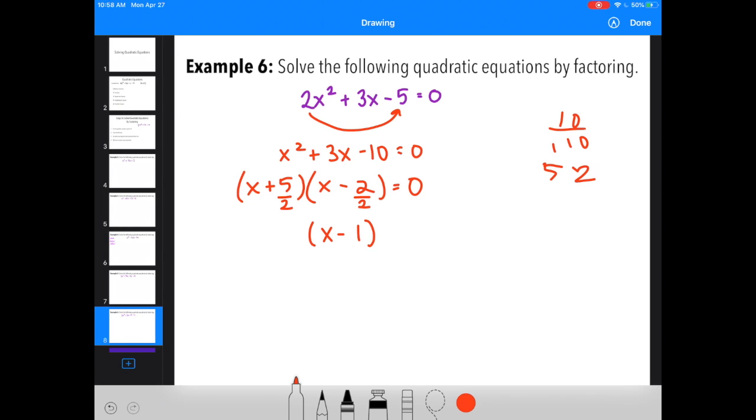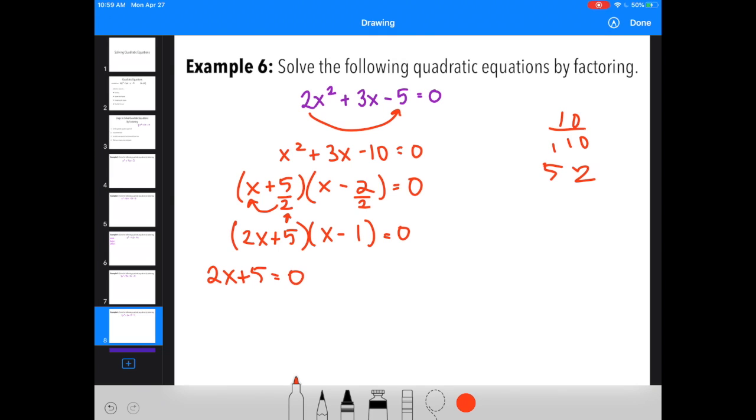Well, the second one's easy because that one just becomes x minus 1 equal to 0. But remember, when I have this divided by 2 and it doesn't come out nice and neat, I bring that 2 right here in front of this 5. So my parentheses become 2x plus 5. Now I'm fully factored. Now I can break up my parentheses.